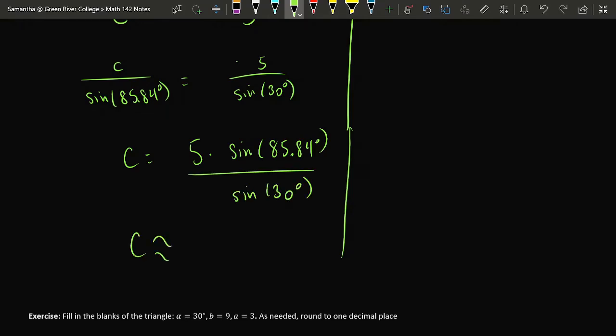And according to the calculator, the value of C in triangle number 1 is approximately 9.97.